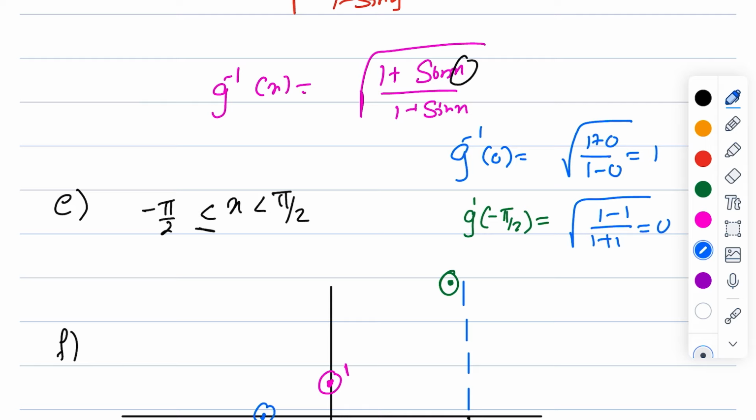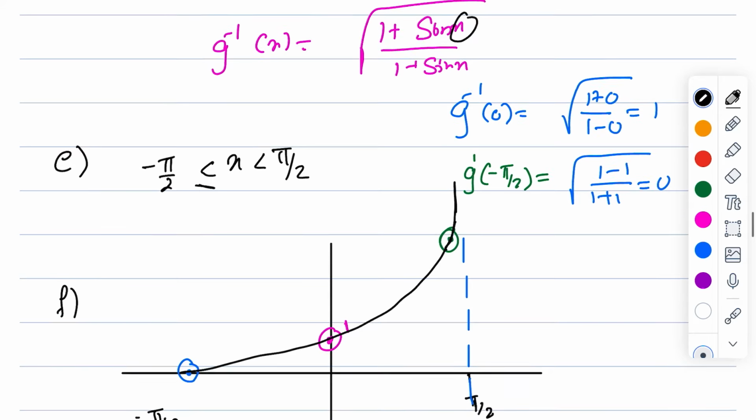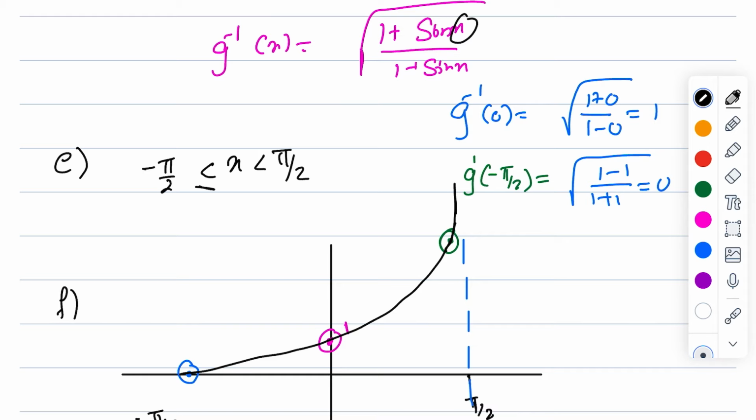So at negative pi by 2, it is going to be 0. So just join these points. A rough sketch looks like this. This is going to be the approximate shape of the graph.